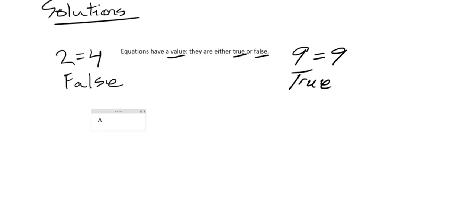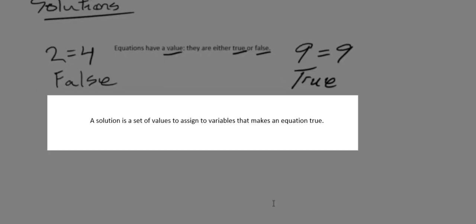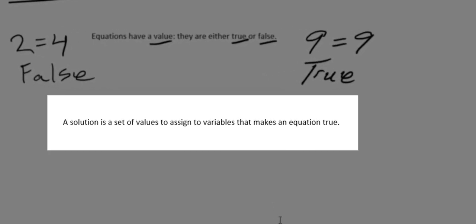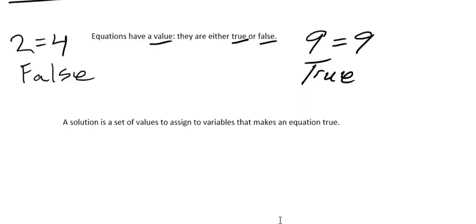But this is not what a solution is. A solution is a set of values to assign to variables that makes an equation true. If we come up with an equation, okay, so an equation such as x plus 2 equals 5. What set of numbers can we assign to this variable that would make this equation true?